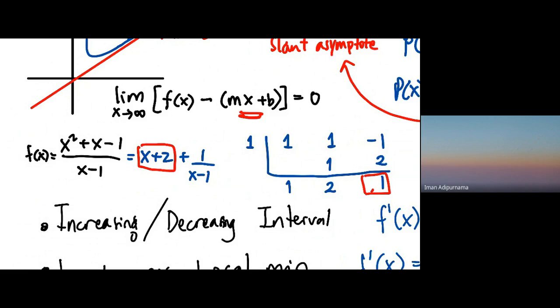This number here we call the remainder. If this is 0, then it's completely divided. If you forget this, then you can just divide using regular division.